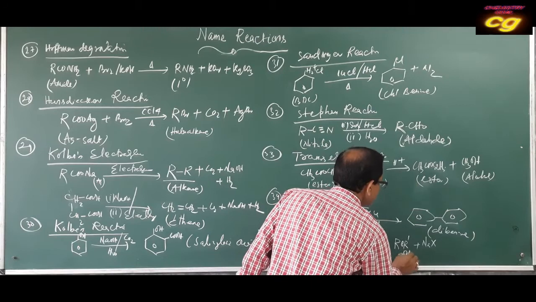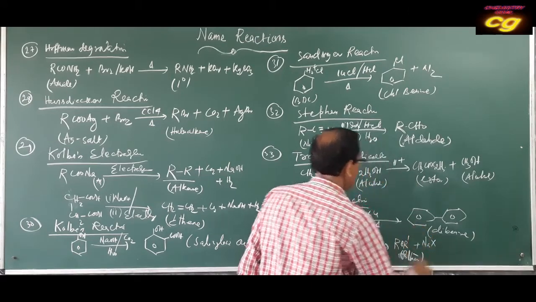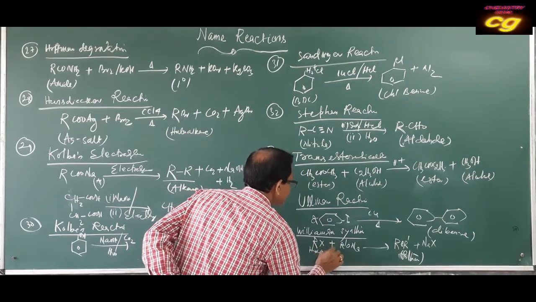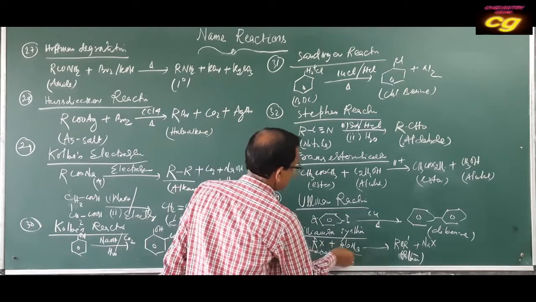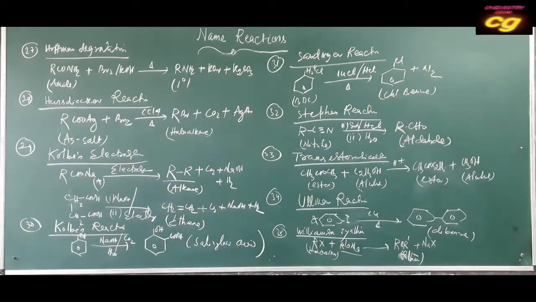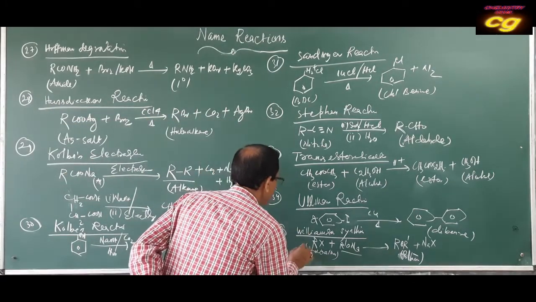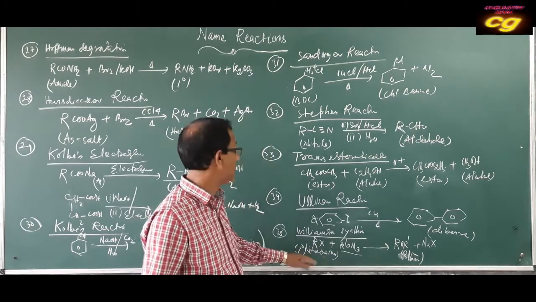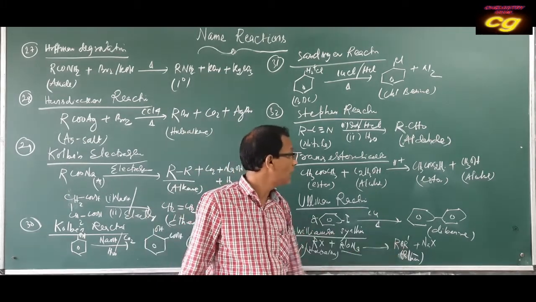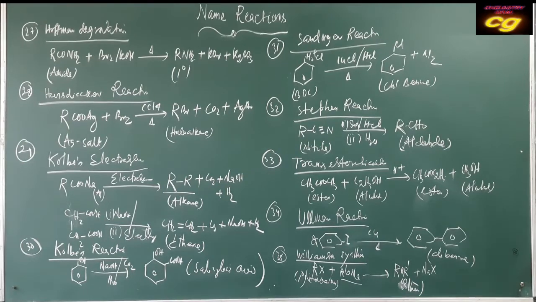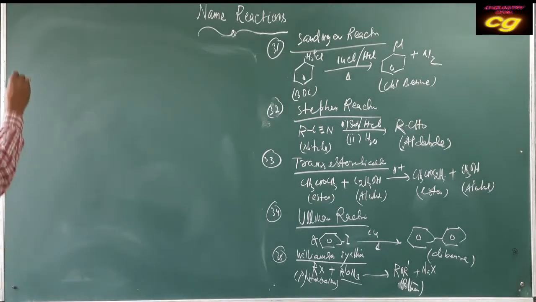This is your haloalkane, and this is your nucleophile, sodium alkoxide, producing ether. Here the haloalkane should always be primary. When primary haloalkane reacts with sodium alkoxide, it produces ether, R-O-R. That is called Williamson synthesis. That is a nucleophilic substitution reaction. Okay, to complete this quickly, write. The remaining two or three reactions we will complete now.